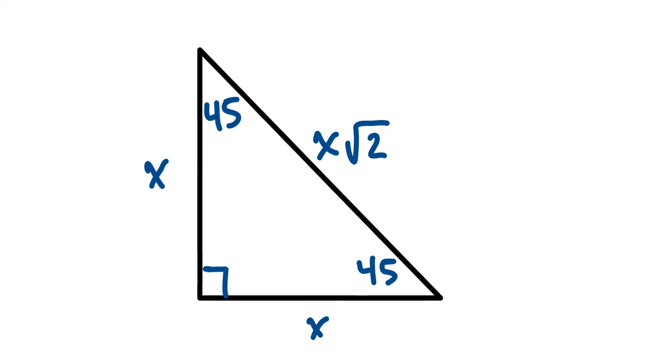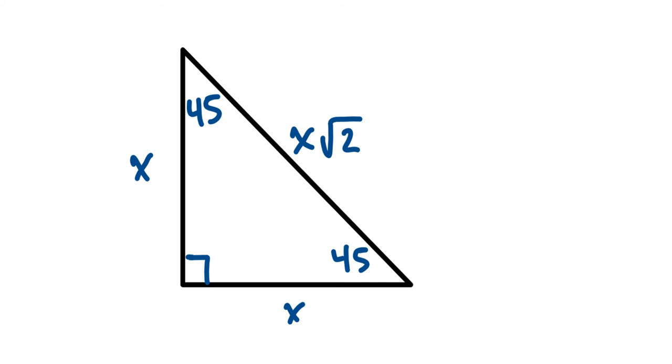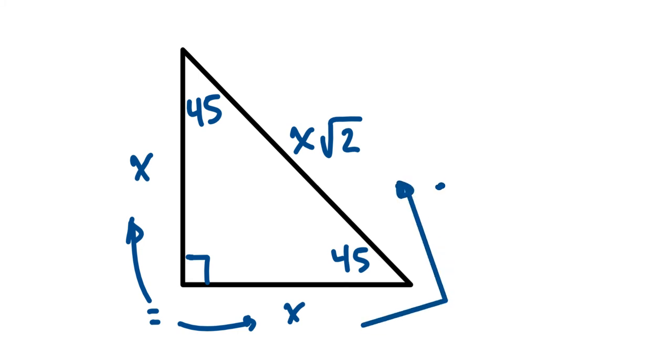So let's consider a couple examples of this special right triangle. But before we do that, let's just summarize that if we know the length of one of the legs, the other leg would be equal. So the legs are always going to be equal in length. If I know the length of a leg and I need to figure out the length of the hypotenuse, of course I'm just going to multiply times the square root of 2.